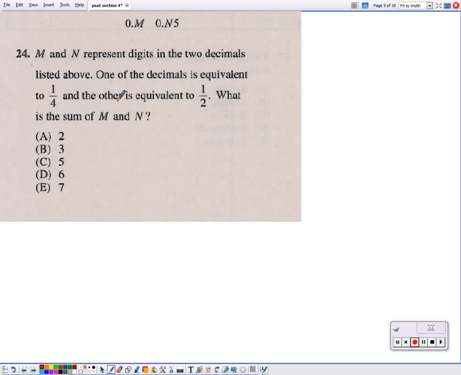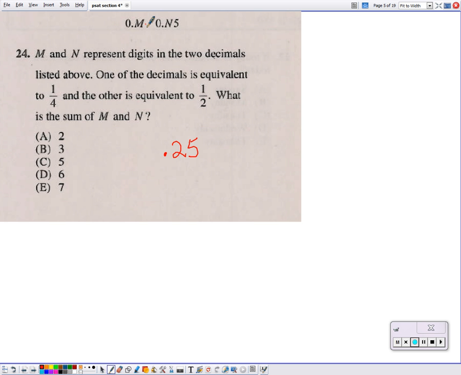Question 24. M and N represent digits in the 2 decimals listed above. One of the decimals is equivalent to 1/4, and the other is equivalent to 1/2. What is the sum of M and N? Well, if one of them is equivalent to 1/4, one of them has to be equal to 0.25.